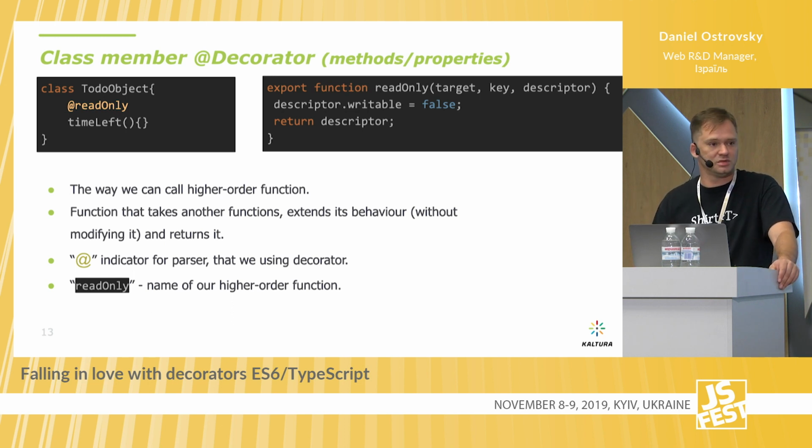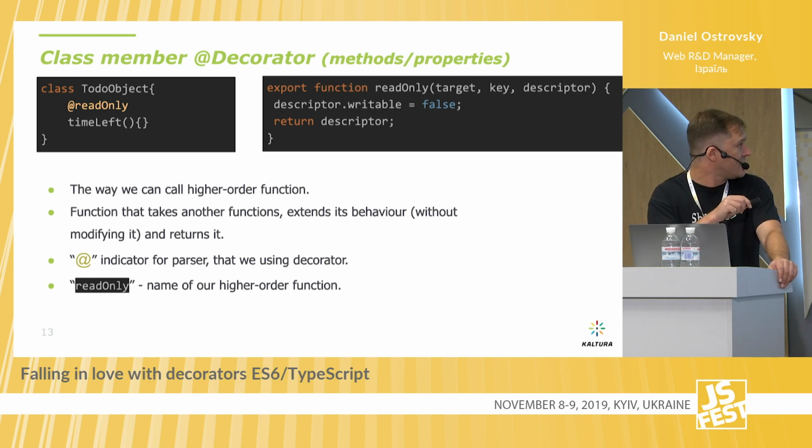That's my own hope, because if you're decorating some function and you change its functionality in the decorator, nobody will understand what's going on there. And return it. So the at sign is an indicator for the parser that we use a decorator, and readOnly is the name of our higher order function that we will use later.